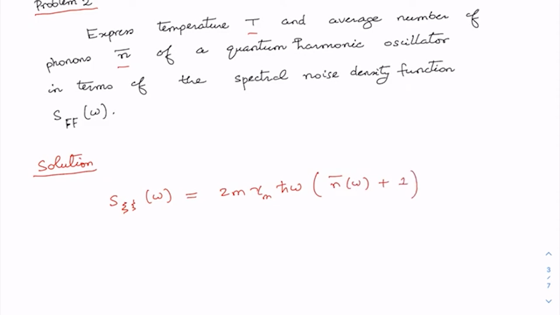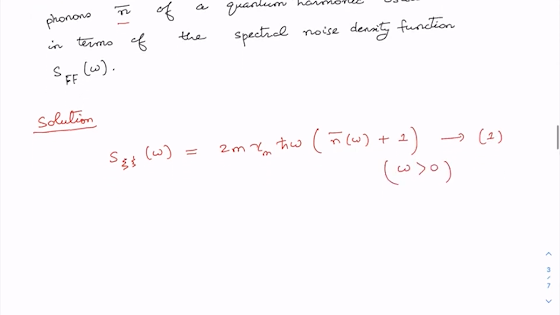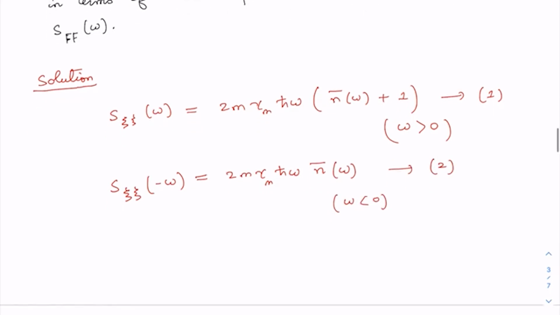This was for when omega is greater than 0. And then we also got S xi xi at minus omega, at the negative frequency, equal to twice m gamma m h cross omega times n of omega plus 1, and this is for omega less than 0. Let's say this is formula number 2.